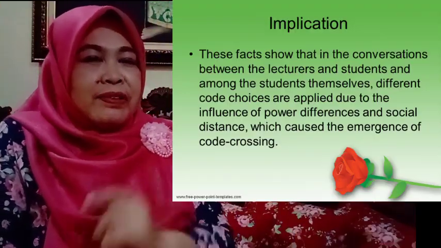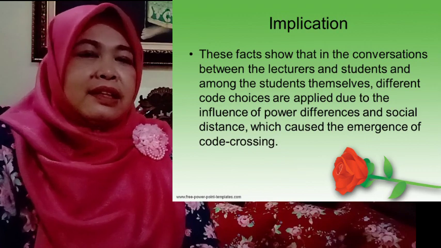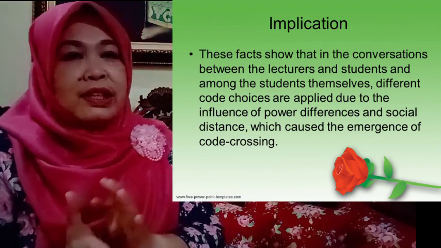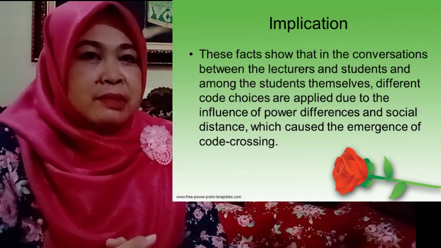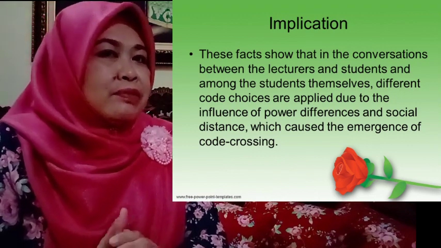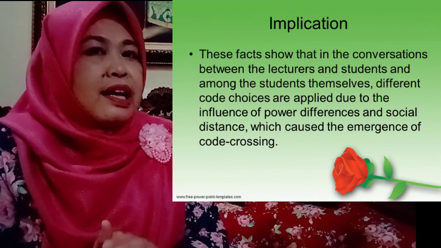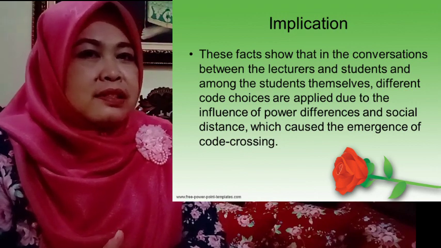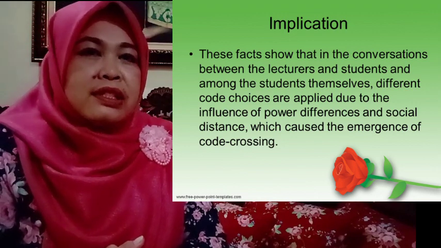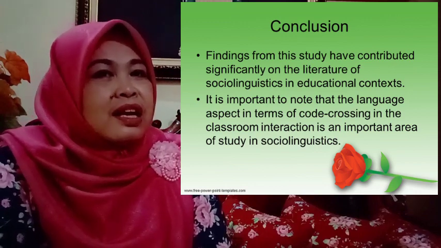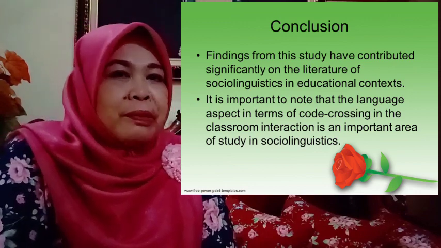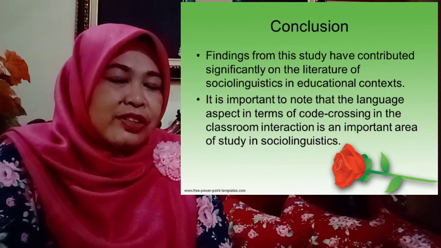So, the implication of this research is that in the conversation between the lecturers and the students, and also among the students themselves, there will be an influence of power, especially the social status differences, which can cause the emergence of code crossing. So, from this study, we can conclude that code crossing is one of the important phenomena in the classroom interaction.